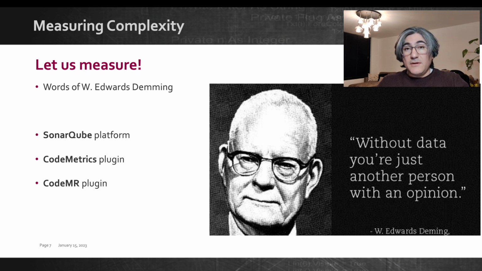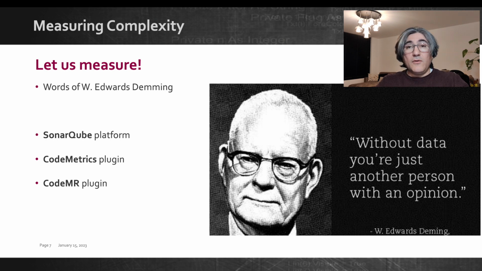To get those measurements and numbers about the complexity, we can use different tools. For example, SonarQube is being widely used as a platform that you put your code into, and it will tell you how much complexity you have, cognitive or cyclomatic.